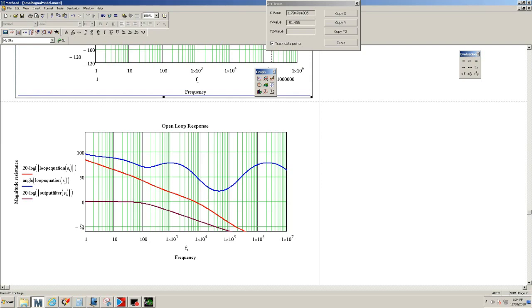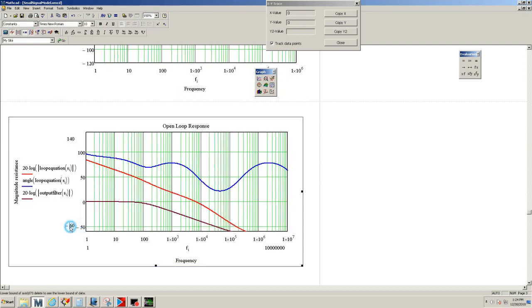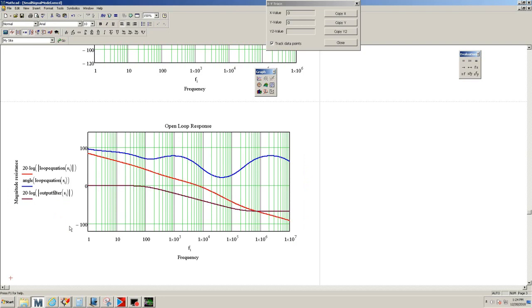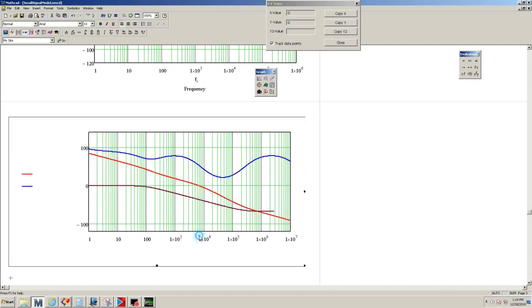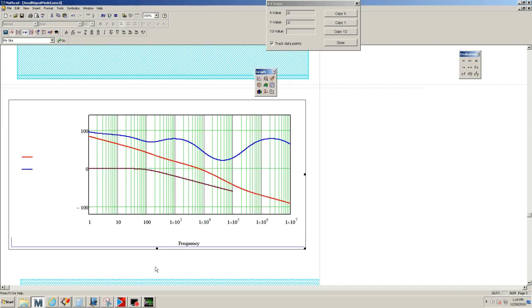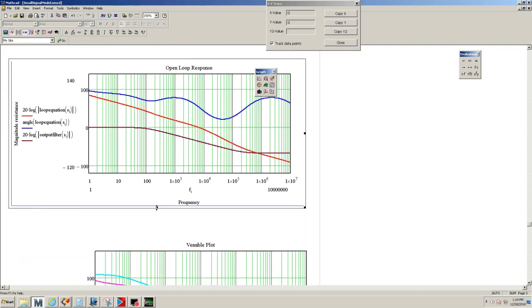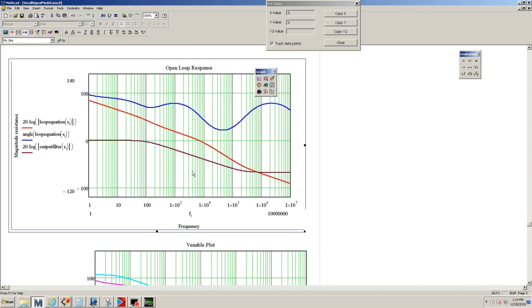Okay, you can show that as well. Let's go ahead and go to 120. Okay, so you can see the effects of the output filter. So here's the output filter, here's the pole, and then you have the 0.